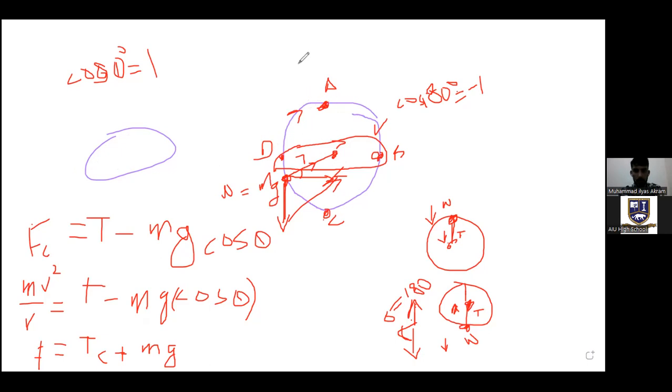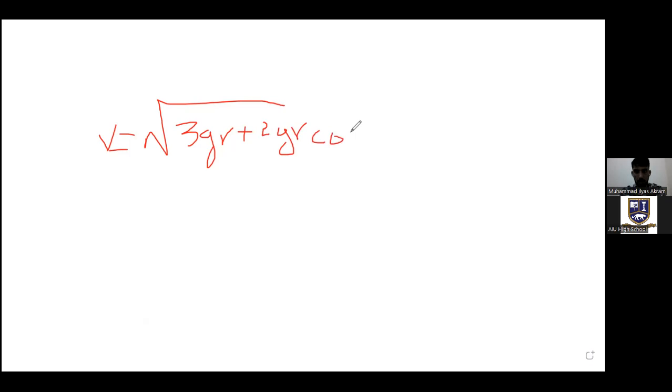motion. And if we want to count the velocity of the object in the vertical motion, we have the simplest formula, that is v equal to under root 3gr plus 2gr cos theta.